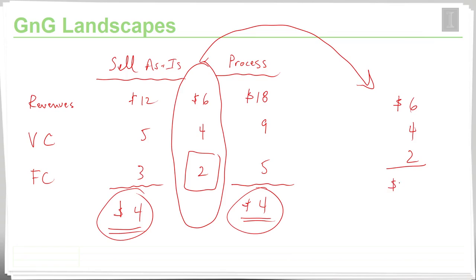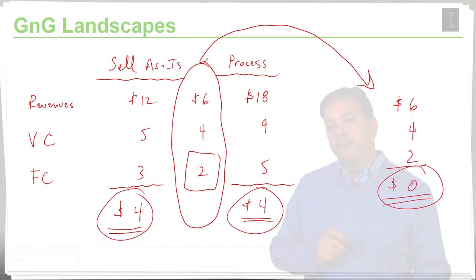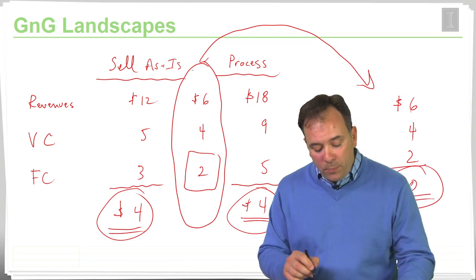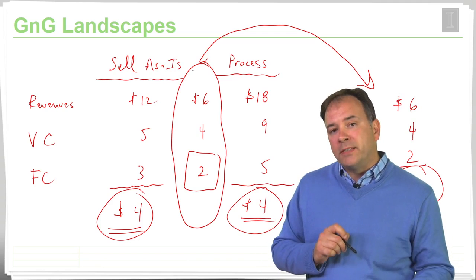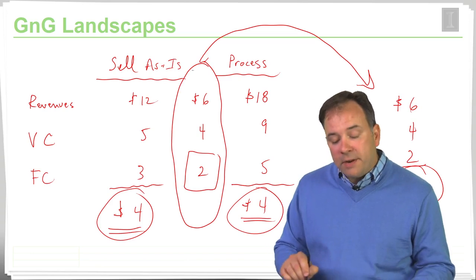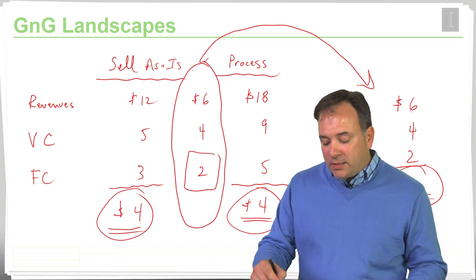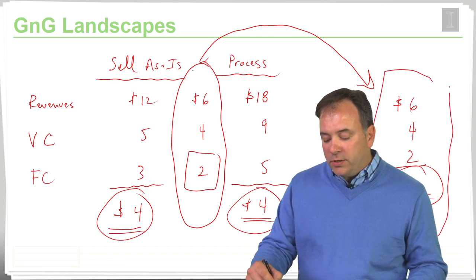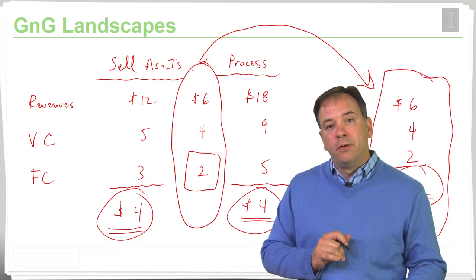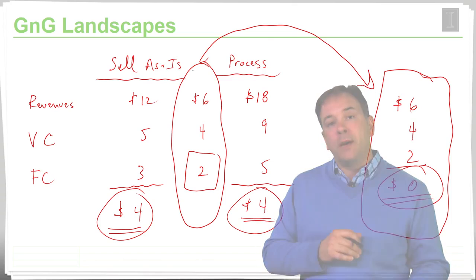And I can see that 6 minus 4 minus 2 is very simply $0. That means that incrementally speaking, taking the roses from the current stage to the next one yields $0 impact on profitability. So again, in this example, the fixed costs on a per unit basis are relevant because they are different between the two decision alternatives. And two, doing analysis via the incremental approach gets you the same decision answer as looking at both approaches separately.